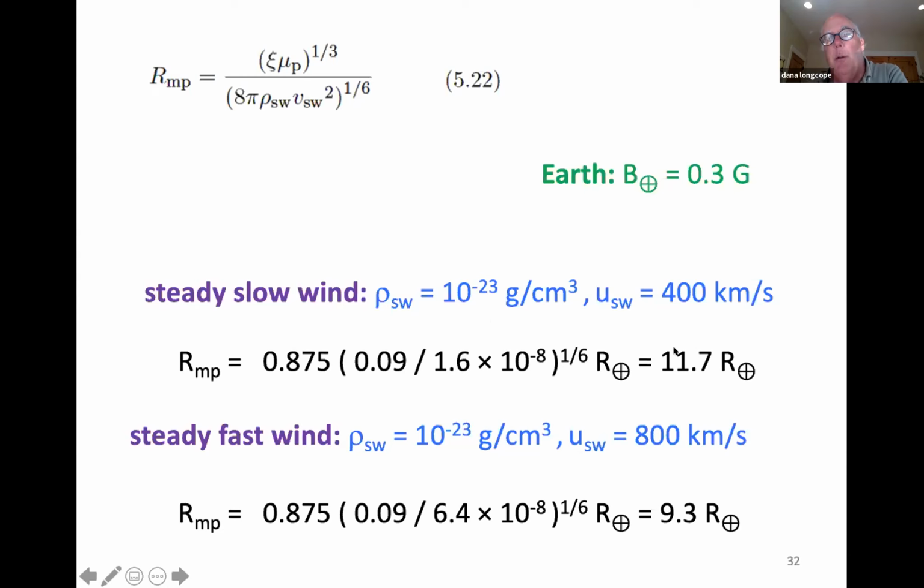It's basically somewhere between 12 and 9 Earth radii. Any questions? I know that was a lot to take in, but it sort of gives you an idea of how this, at least the day side of the magnetosphere, is structured. You have this region where the solar wind is being slowed down, and that's where it's getting its pressure from, the shock, the bow shock.